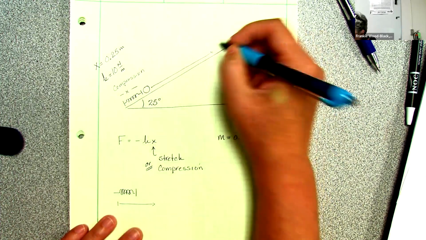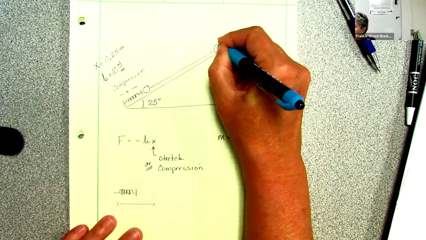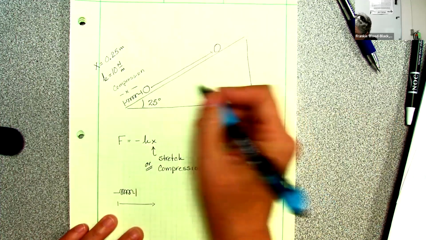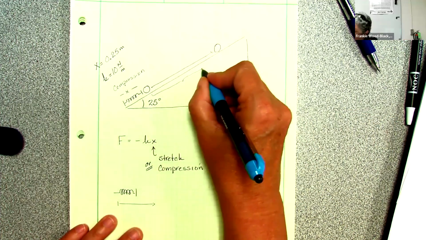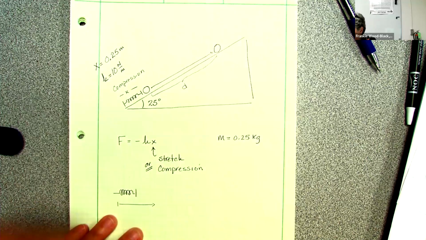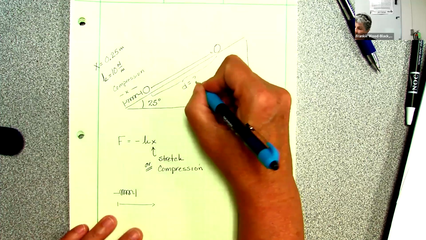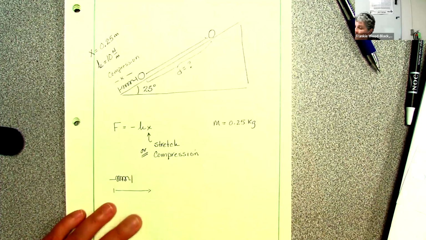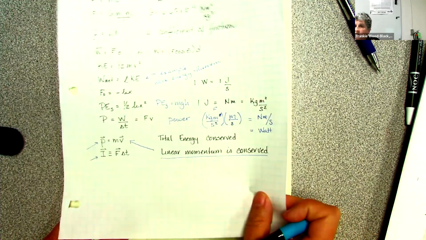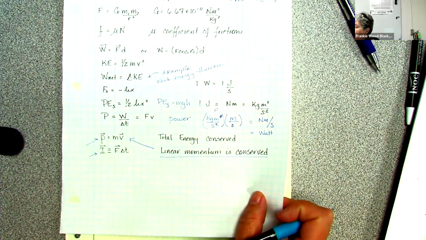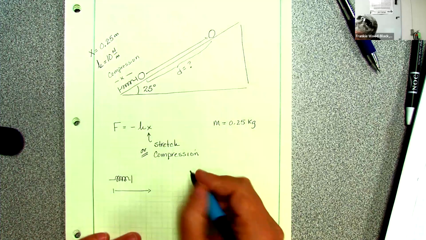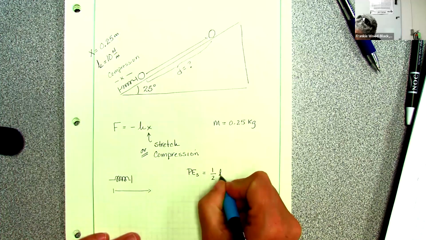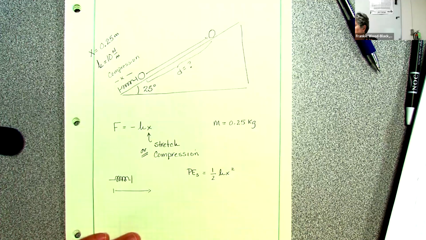My marble is going to go up. We want to know the distance that our marble travels. So if I go back to our little equation sheet, we know that the potential energy of the spring is going to equal 1/2 kx squared.